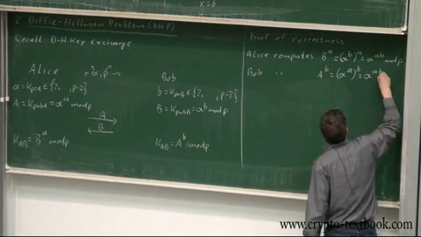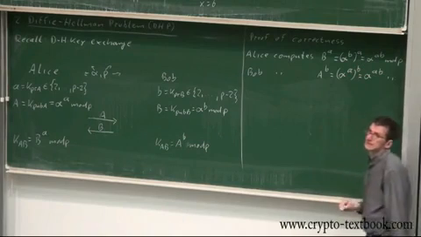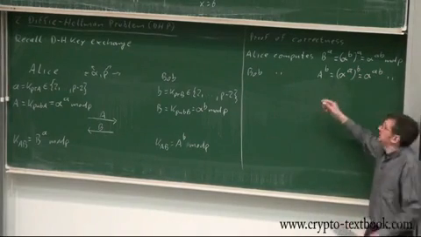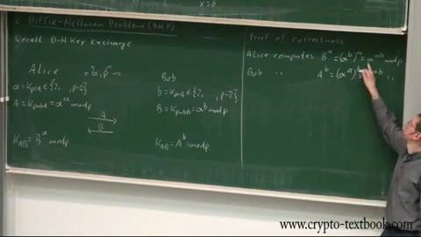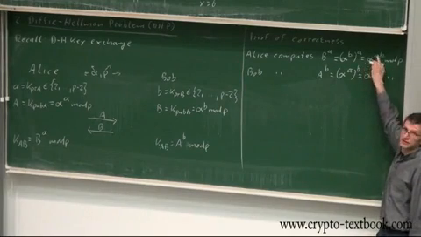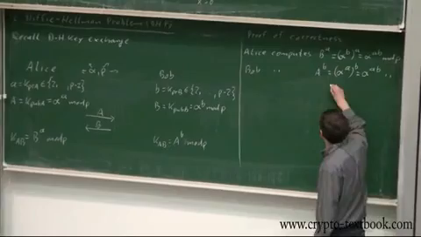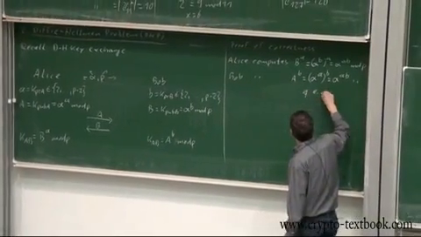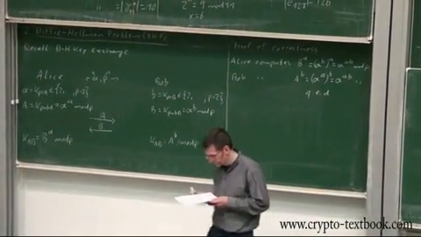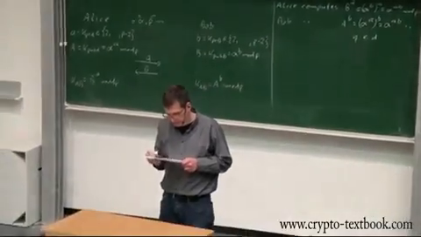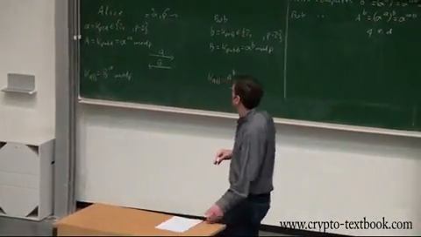This is alpha to the ab modulo p. And that's it, right? Both parties, Alice and Bob, compute effectively alpha to the ab. This is the same number, the same 1024-bit number in practice, or 2000-bit number. This proof of correctness is easy, okay?